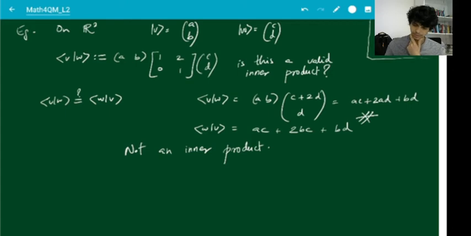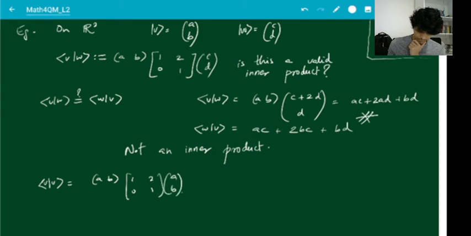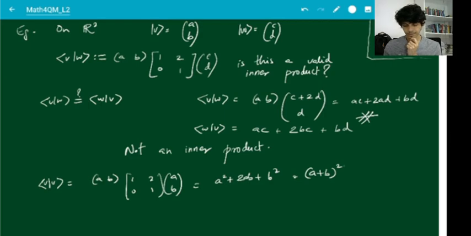Good. There's also one more property I think which will not be satisfied. If I take the inner product of V with itself, I will get AB 1 2 0 1 AB, which becomes A squared plus 2AB plus B squared, so A plus B the whole square. And okay, I agree that this is always greater than or equal to 0.